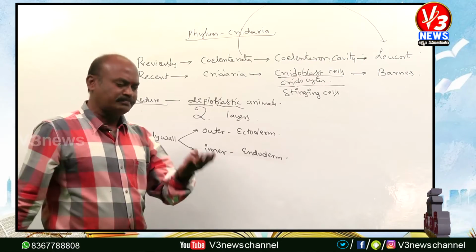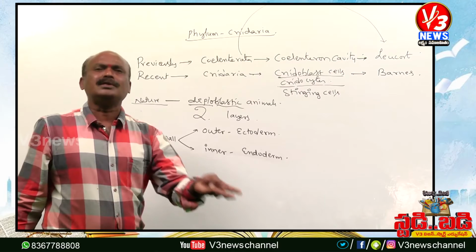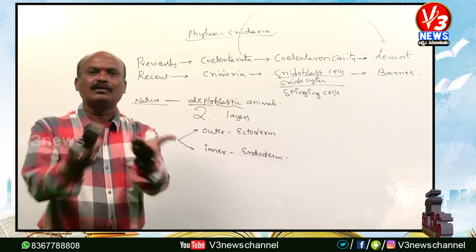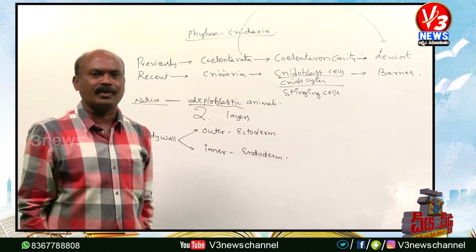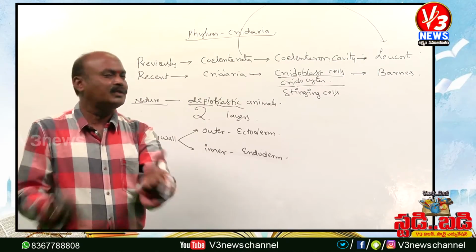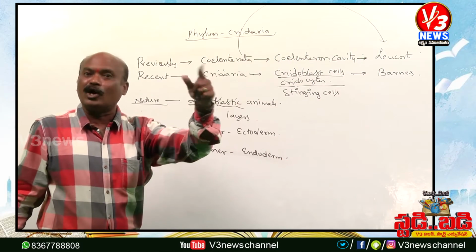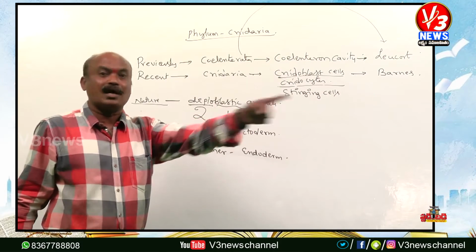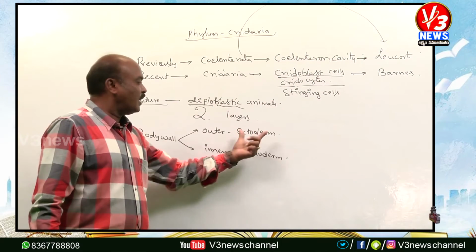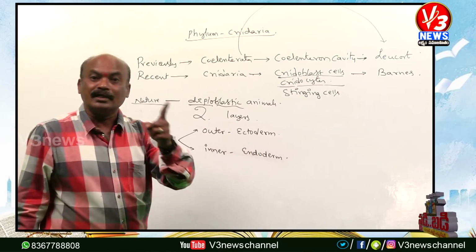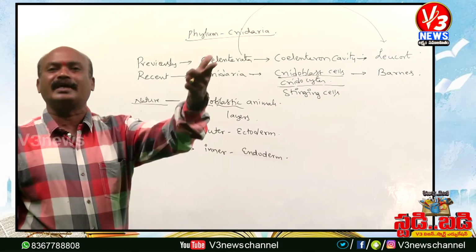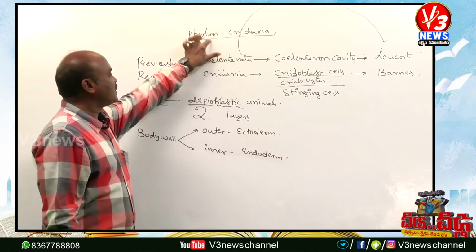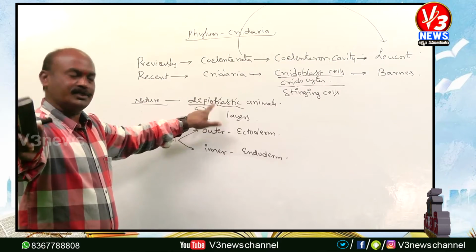But in sponges, the outer pinacoderm is simply formed by pinacocytes. If the pinacocytes are damaged, there is no pinacoderm. If the choanocytes are damaged, there is no choanoderm, because they are formed by the arrangement of cells, not like here. The outer ectoderm and inner endoderm are formed during the embryonic stage. That's why Nidarians are diploblastic animals.